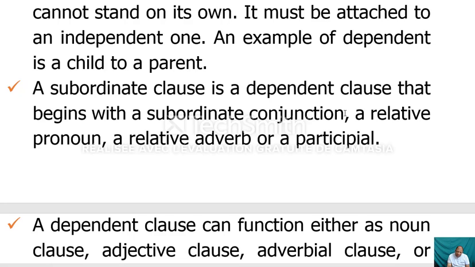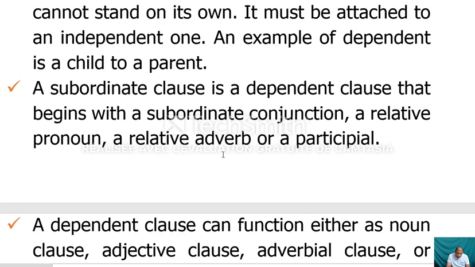So here we are not going to work with the three other types of conjunctions, meaning coordinating conjunction, correlative conjunction, and conjunctive adverb. We are going to work just with a subordinate conjunction here. Or a relative pronoun, especially when we speak about adjective clauses.